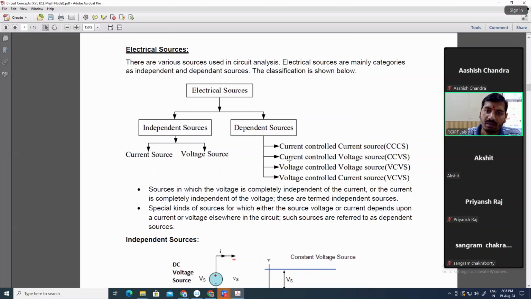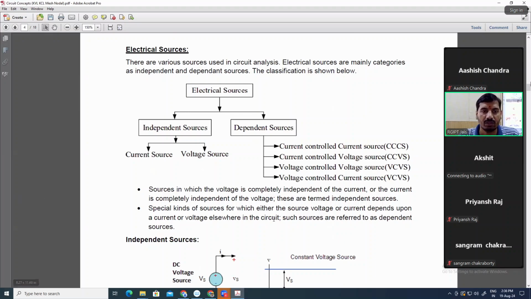They can be a current dependent voltage source, or a voltage dependent voltage source, and a voltage dependent current source. They are generally called CCCS, current controlled current source; CCVS, current controlled voltage source; VCVS, voltage controlled voltage source; and VCCS, voltage controlled current source.